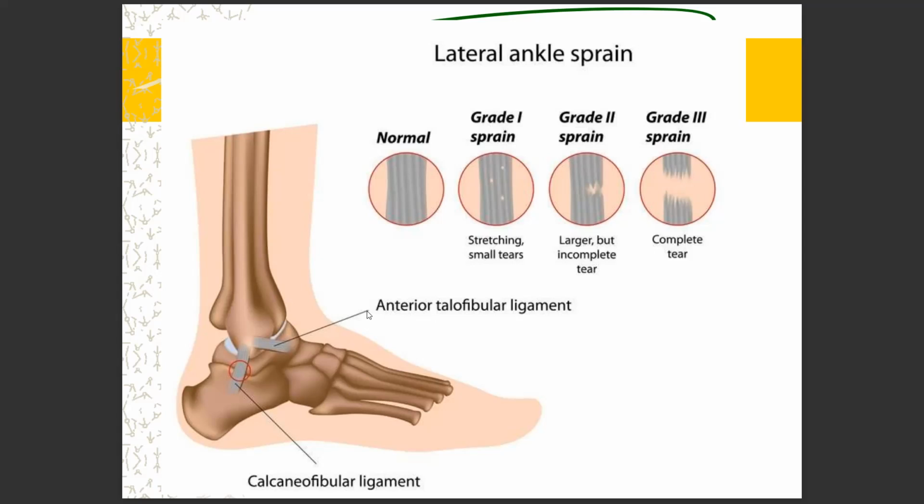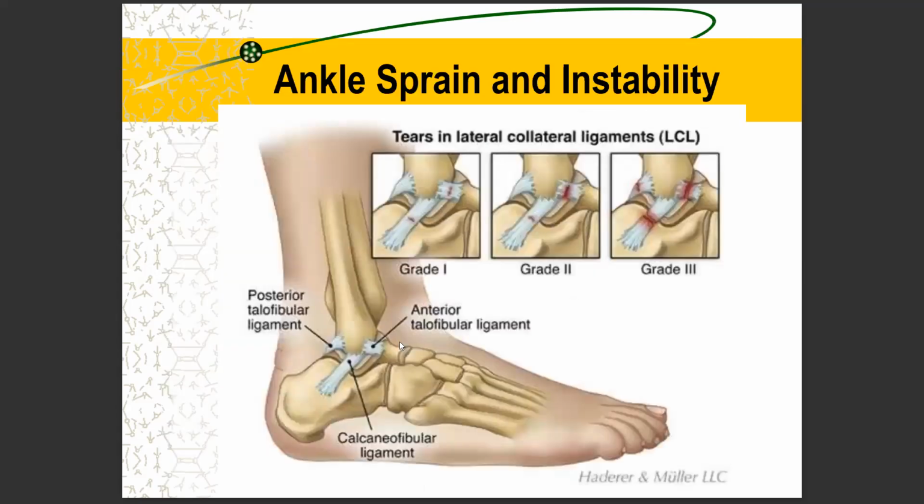This is the ligament which is most commonly injured, not just among these lateral ligaments, but among all ligaments of the ankle and foot complex. Ankle sprain is a very common sports injury, and it is also very common among the general population when they are walking on an uneven surface in uncomfortable shoes, specifically high heels.